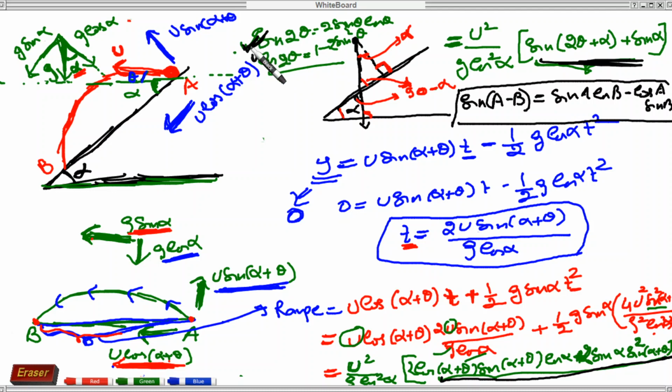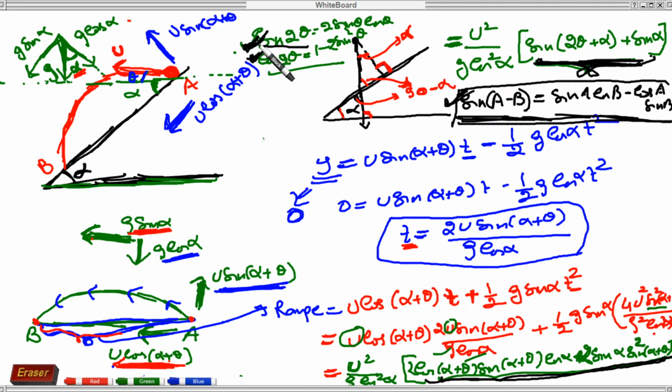This is the first formula, sine 2 theta is the second formula, and this is the third one. So you can simplify this equation to this one. It's easy now. As I told you a few minutes back, I told you how to solve these types of equations. So do the same thing, and you are going to get this output. On simplifying this thing, you will be getting this. So these three formulas will be used.